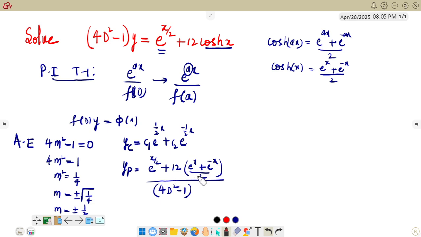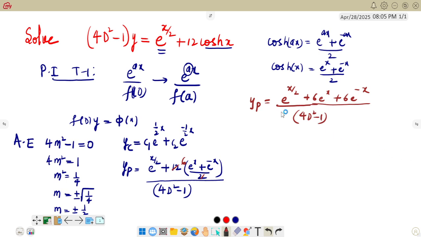Here 2 ones are 2 6, so yp is equal to e power x by 2 divided by, first I will write, then we'll take it separate, 6 e power x plus 6 e power minus x divided by 4d square minus 1.